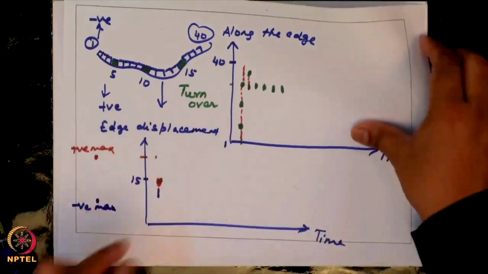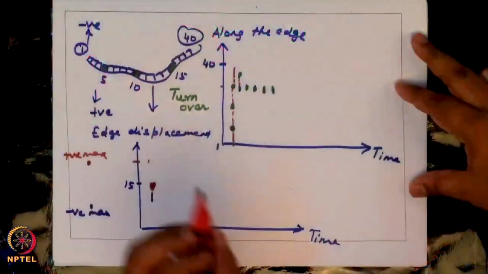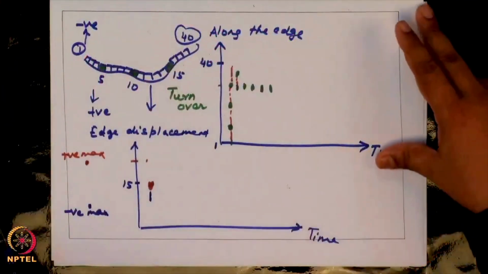So, these suggest that these three things are all correlated. You can track the coupling between these individual components by doing cross correlation.